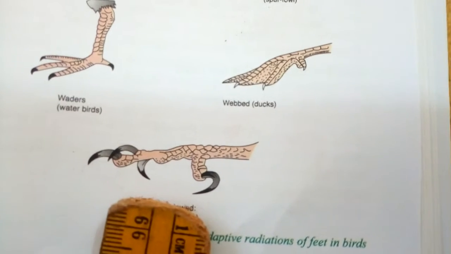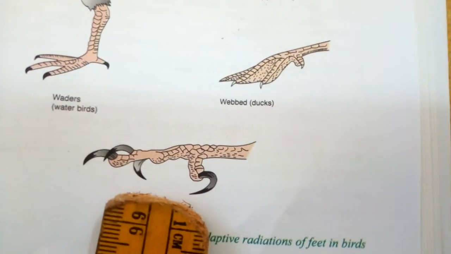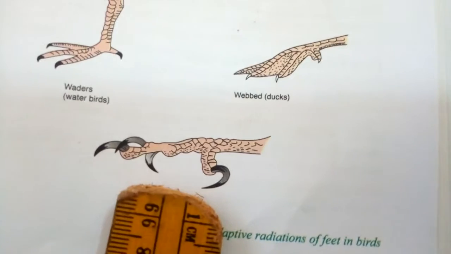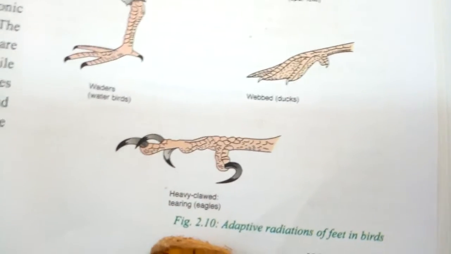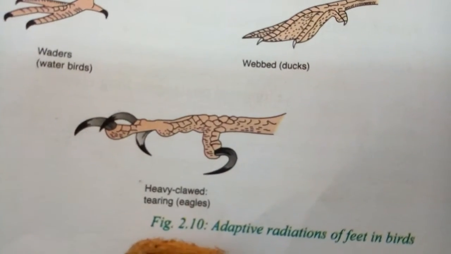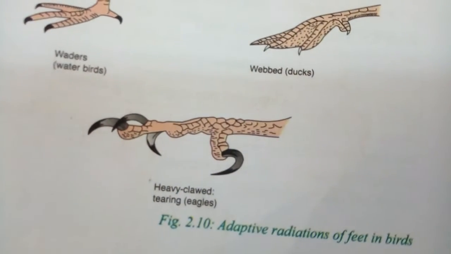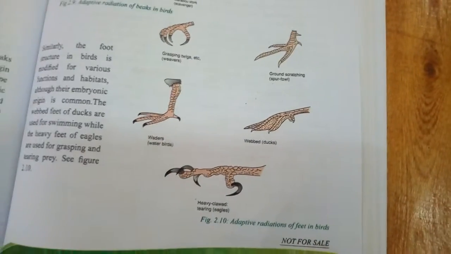For them to feed on flesh, we mentioned that the beak is sharp, strong, and curved. In combination with that, the feet are sharp talons for tearing the flesh. That represents the third example of homologous structure.